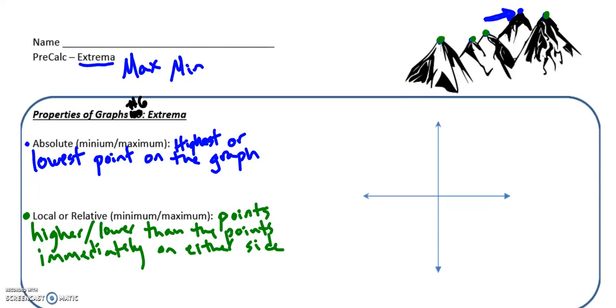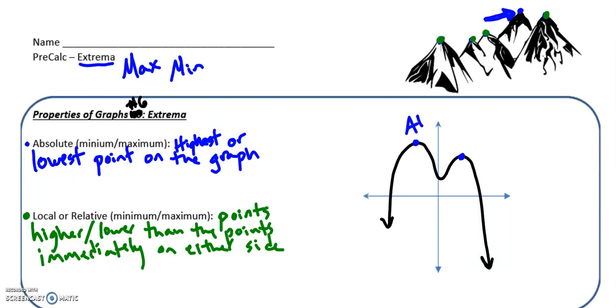So for an example that looks more like a graph, if I had a graph that kind of looks like this, I just need the shape of this. I don't need it to be exactly in any sort of location. If that's my graph right there, and I want to identify the maximums and the minimums, right up here would be a maximum, and down here is a maximum.